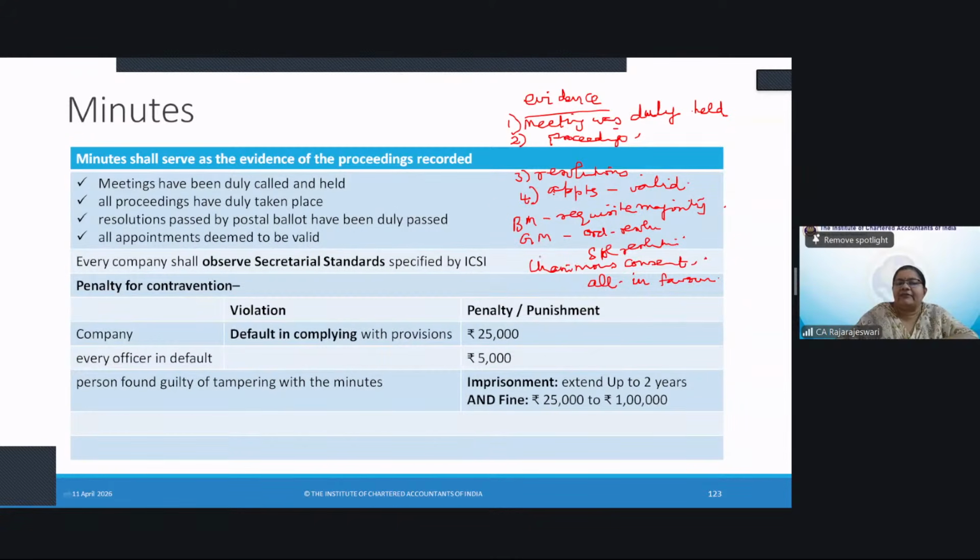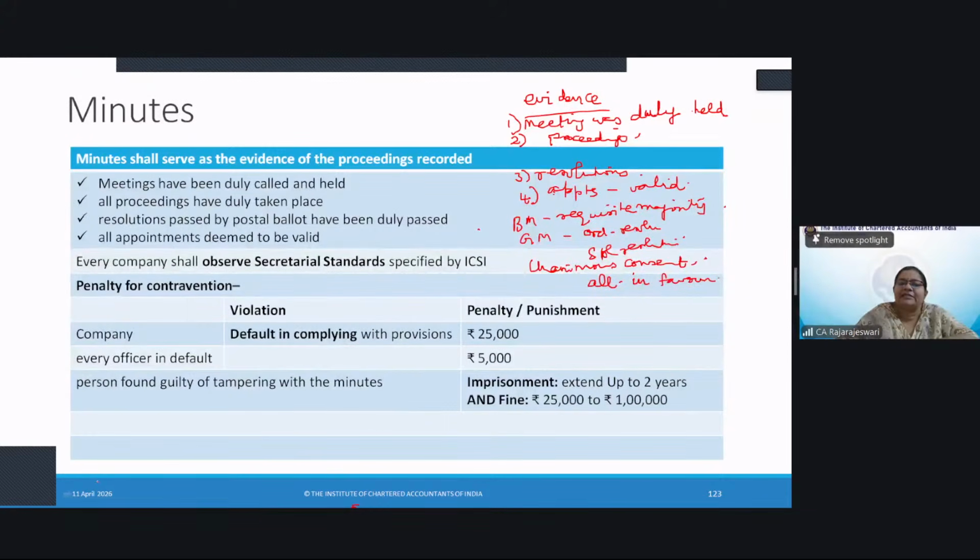Then every company should also observe the secretarial standards. The ICSI has come out with secretarial standards 1, 2, 3, 4 for various general meetings and board meetings. So the company has to observe those secretarial standards. We call it SS 1, 2, etc. That should also be followed by the company.